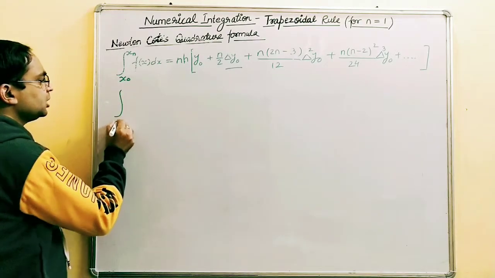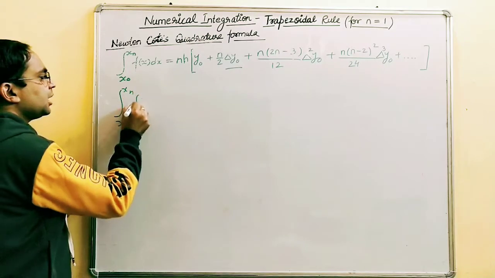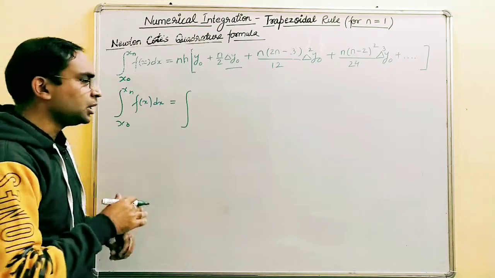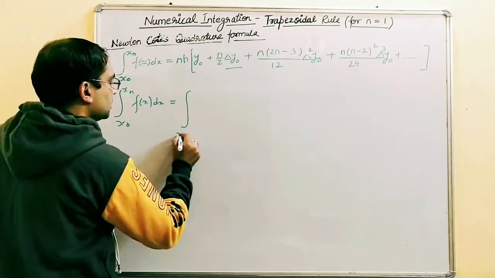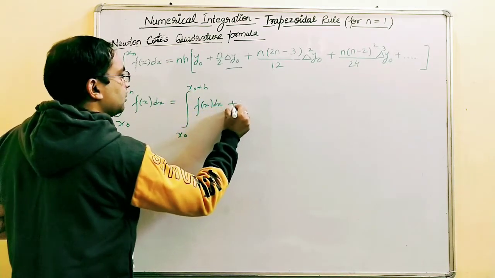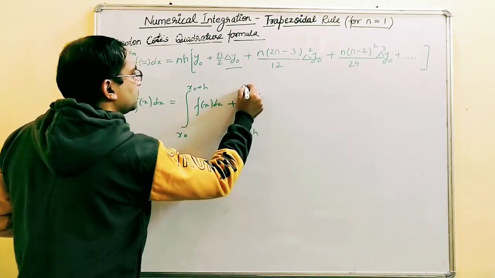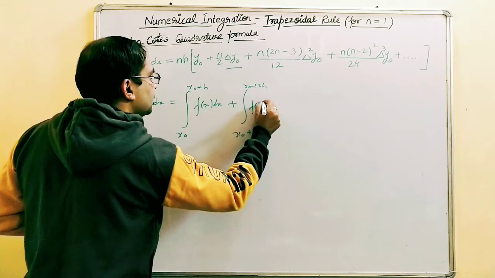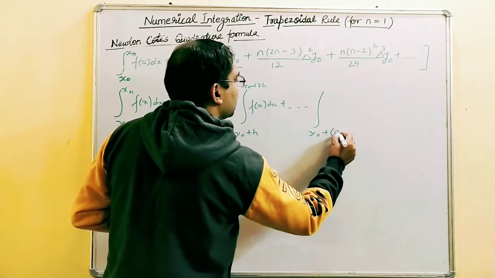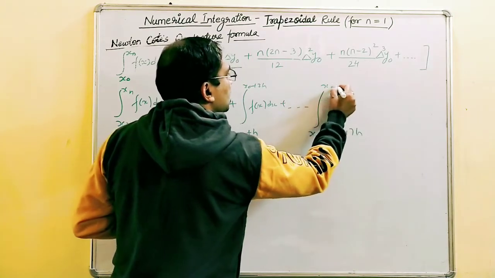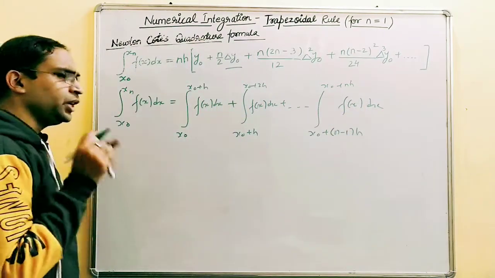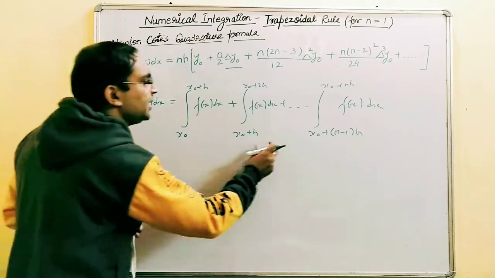Let us see if we can write the integral from x0 to xn of f(x) dx, as I have already written, as the sum of the integrals of the subintervals. So it is the integral from x0 to x0 plus h of f(x) dx, plus the integral from x0 plus h to x0 plus 2h of f(x) dx, plus and so on, and the last one is from x0 plus (n minus 1)h to x0 plus nh of f(x) dx, where we have n intervals.